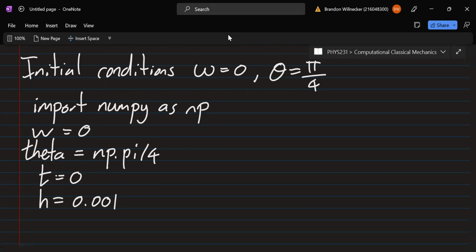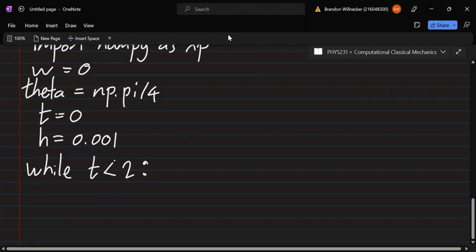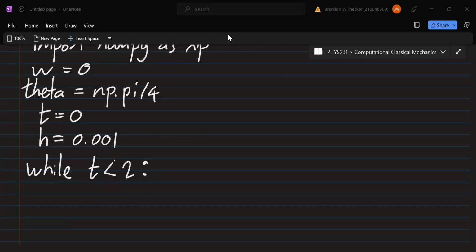Let's run this program for, let's say, 2 seconds. So while t is less than 2, let's do the updating procedure. I'm going to do this using the Euler method. Please feel free to try out the Runge-Kutta fourth order method as well, for some extra practice.